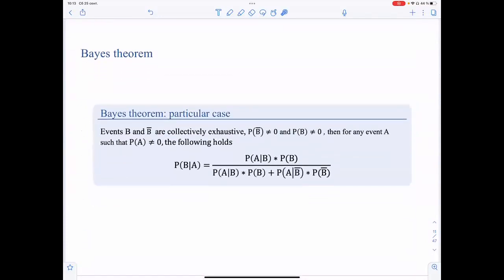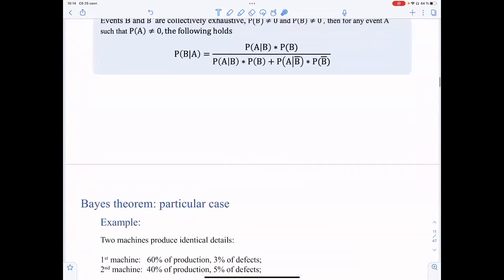Oh yeah, that's the partial case of the Bayesian formula, given that you have only two possible subcases, whether B happened or B complement happened. Hopefully you recall that B and B complement are collectively exhaustive, and this is fine to be applied.